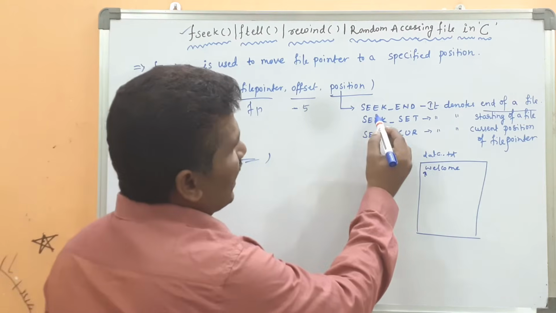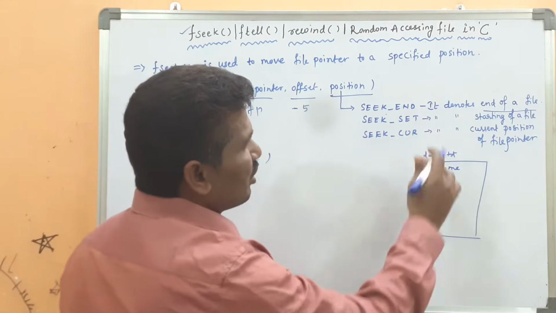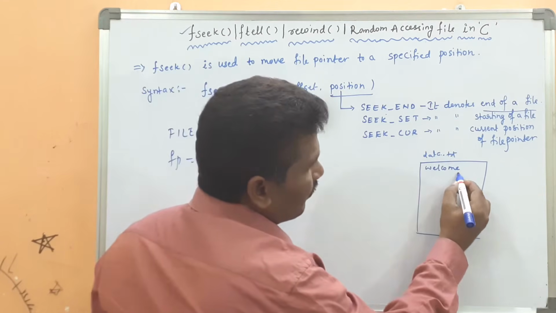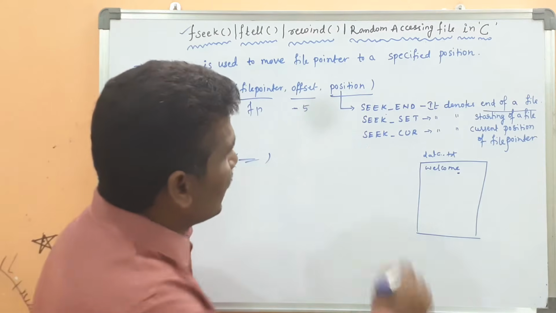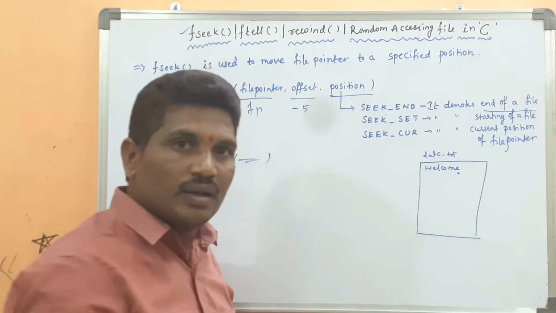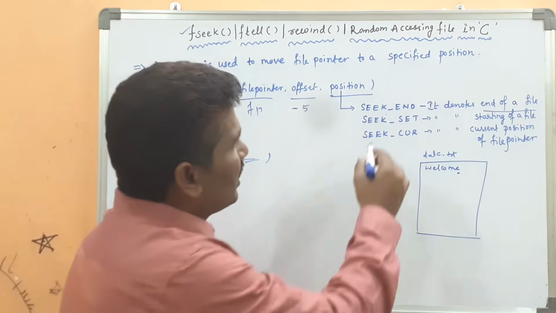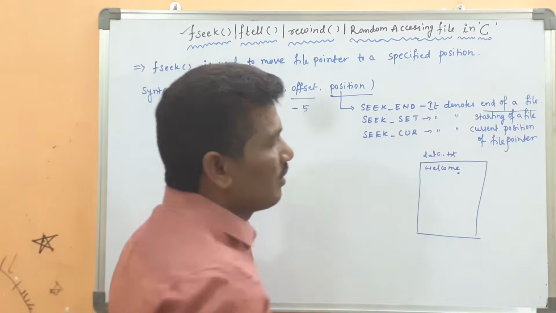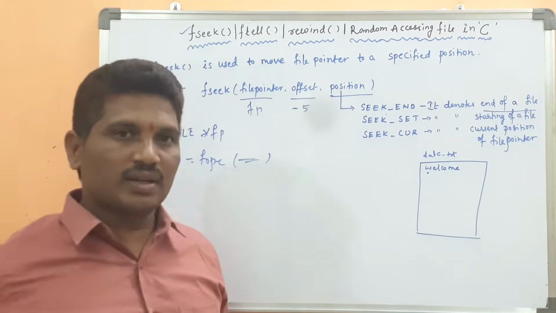Then when you write SEEK_END, the file pointer will be at the end of the file. SEEK_SET is the default, whether you use it or not. By default SEEK_SET is the starting of a file, and the cursor will be at the starting position.